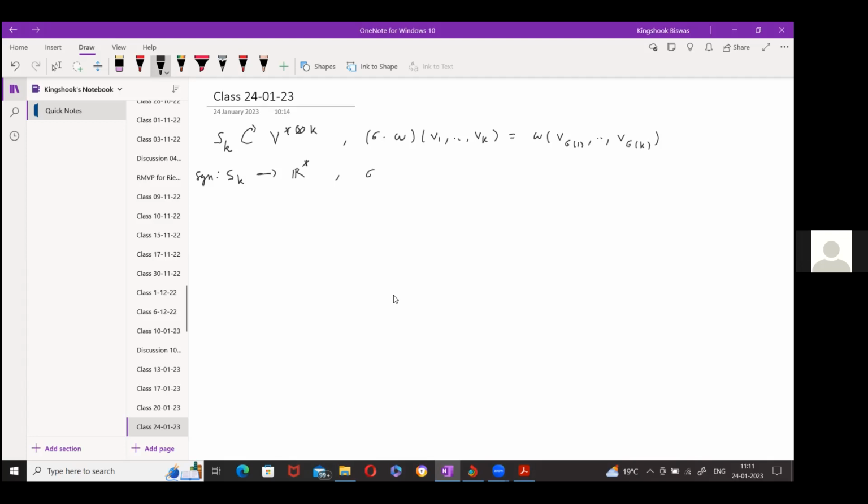Let me call this action with a tilde. Sigma acting on omega for this second action will be sign sigma times omega of v_sigma(1), ..., v_sigma(k). Is this clear? This will also be an action.